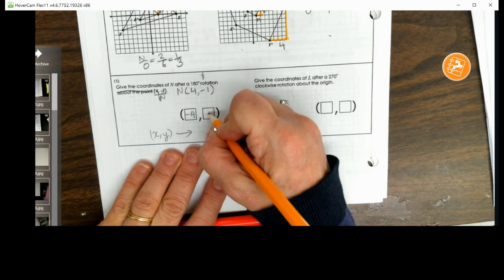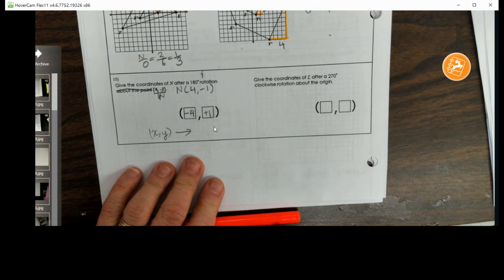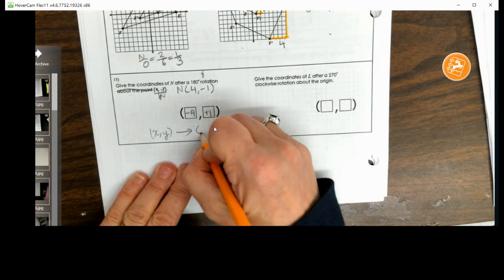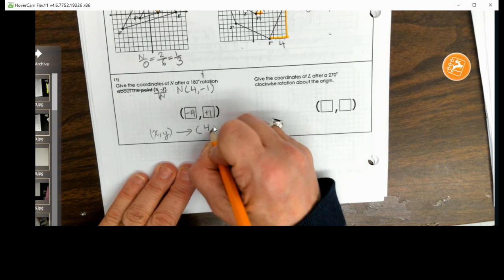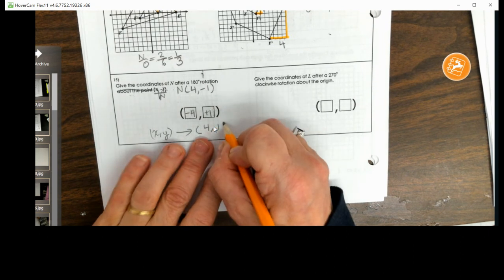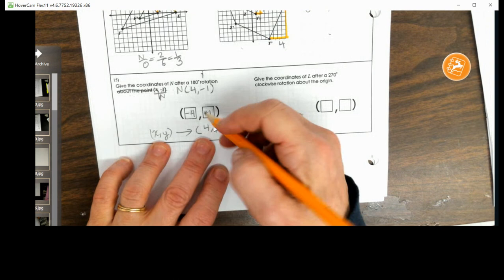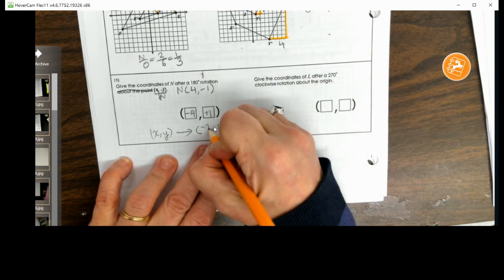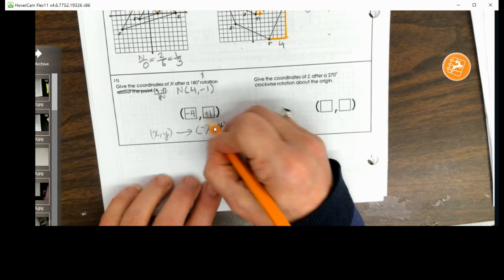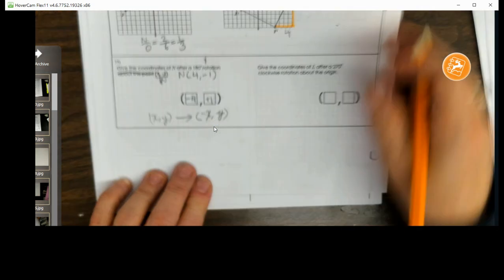So N becomes negative 4, positive 1. It's just opposite signs, same order.